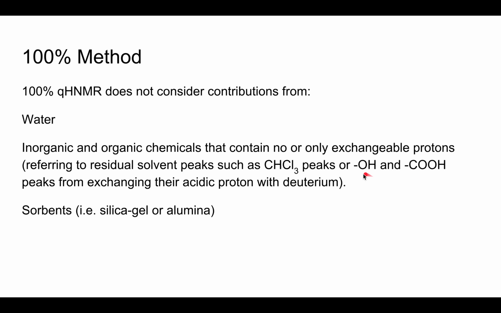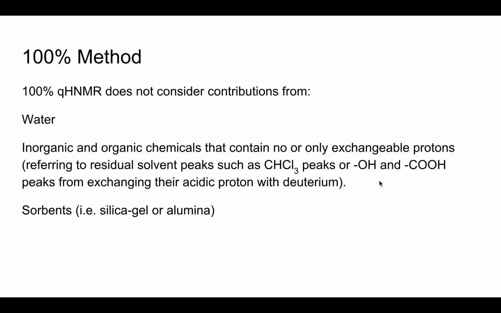However, if these two functional groups are present in your spectrum, you'll be able to easily indicate their chemical shifts because the signals will be wide, and this is due to the effect of hydrogen bonding. So remember, if you see an OH proton signal or a carboxylic acid proton appear in your proton NMR spectrum, under the 100% method, you do not count those signals in your final calculations.